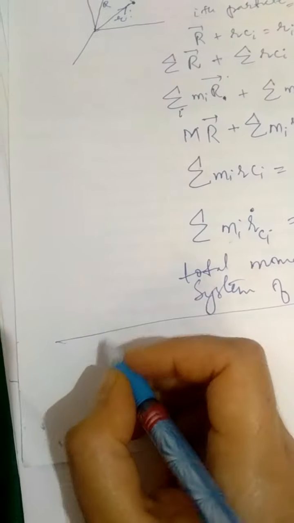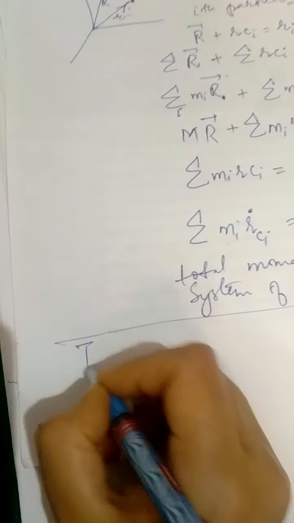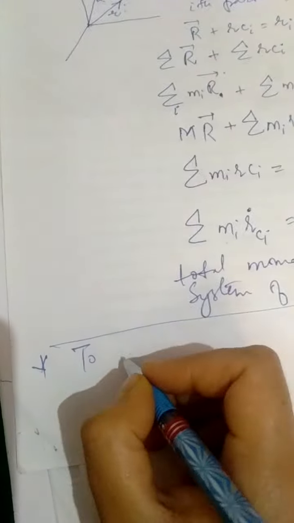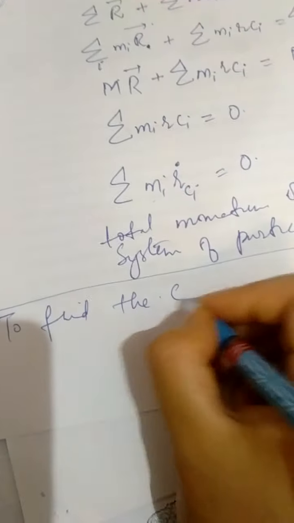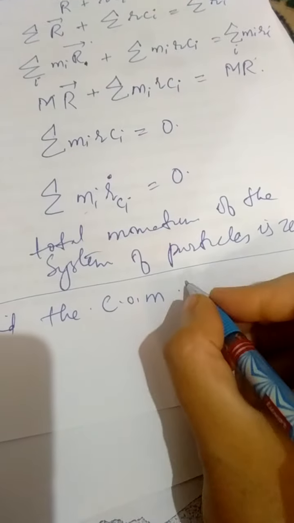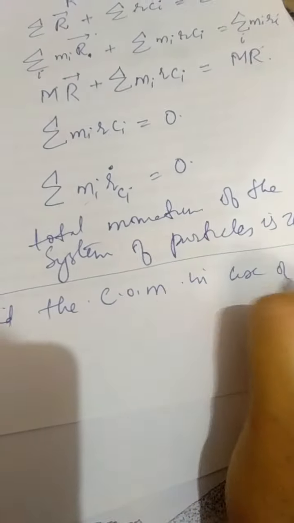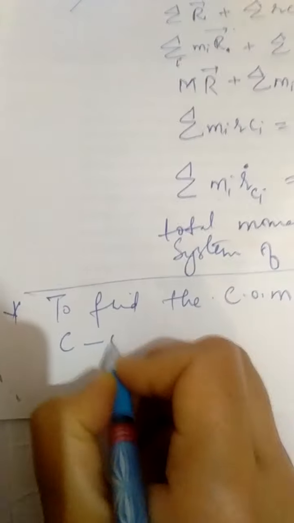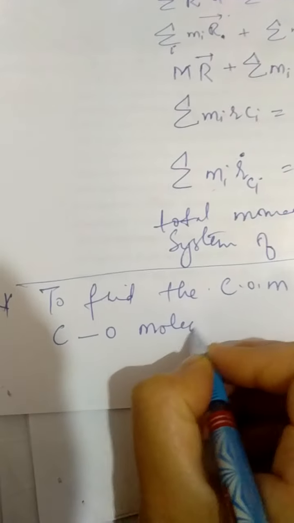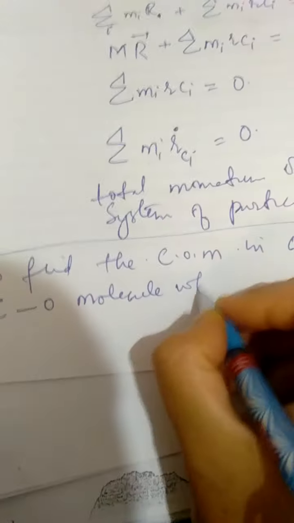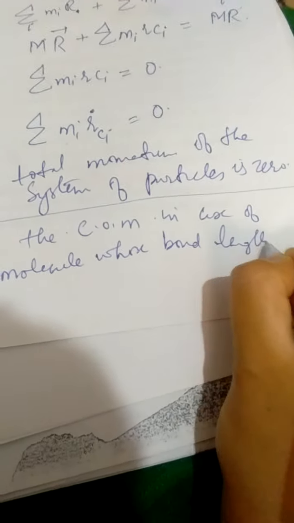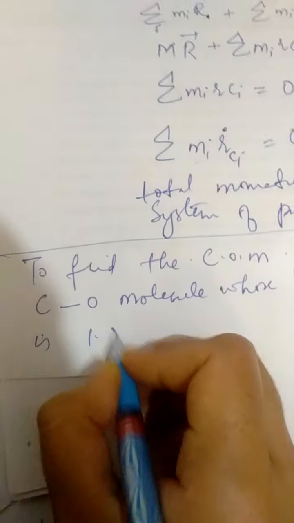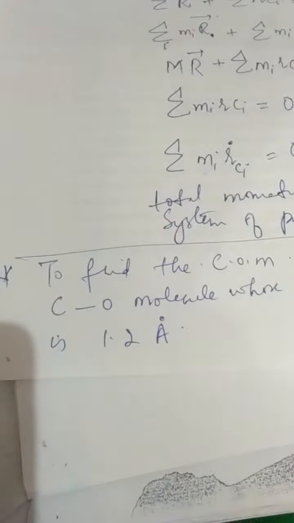For example, if I ask you to find the center of mass in case of a carbon monoxide molecule whose bond length is say 1.2 angstrom units.